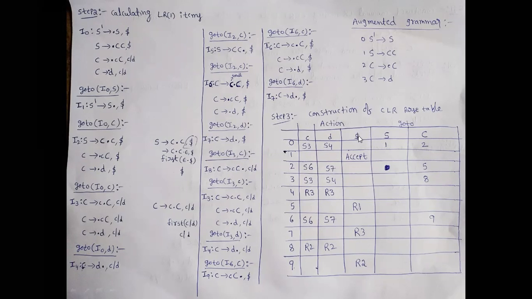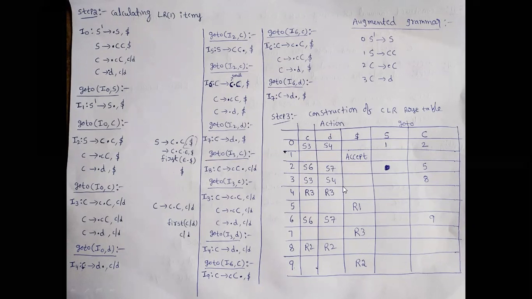The non-terminals present in our grammar are only two: S and capital C. Then we write S and C for the go to part. So rows consist of state numbers and columns consist of terminals and non-terminals.